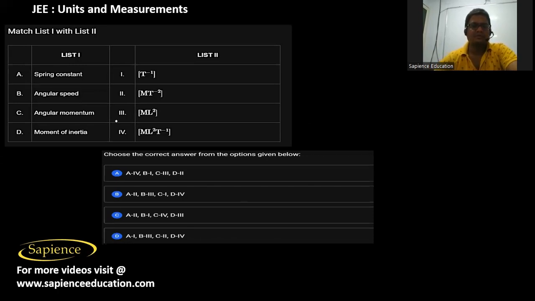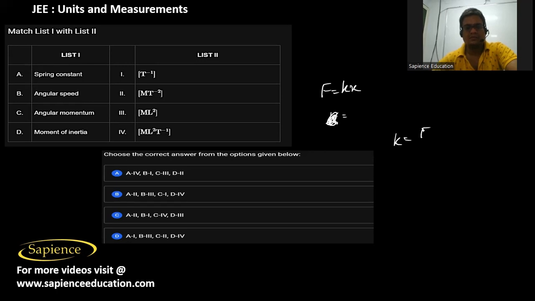And here it is told to match List 1 with List 2. So spring constant is K. Force is equal to spring force, that is equal to Kx.